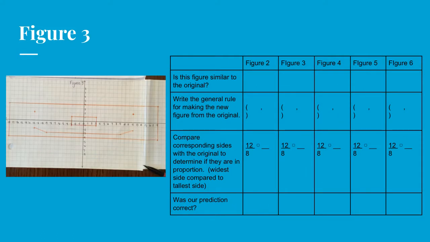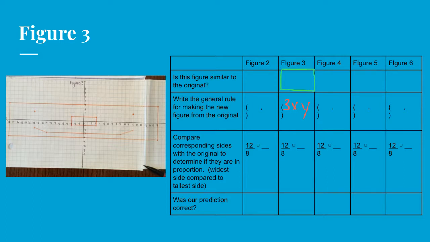All right, here is my picture of figure 3. When you and your partner work together, you should have made your prediction. Does this figure look similar to our original figure? All right, so we're going to focus on our ordered pairs. If you compared the ordered pairs from figure 1 to figure 3, you would notice that the x-coordinate got 3 times bigger, but the y-coordinate stayed the same.